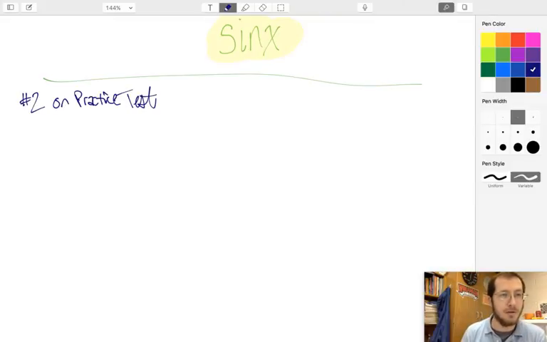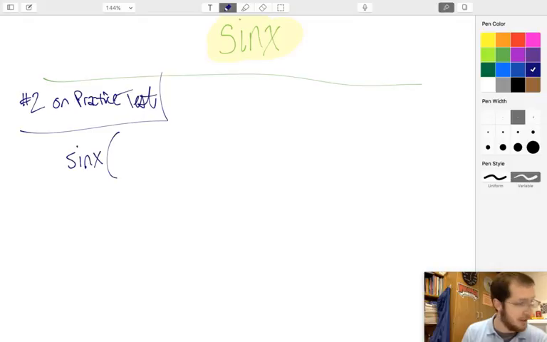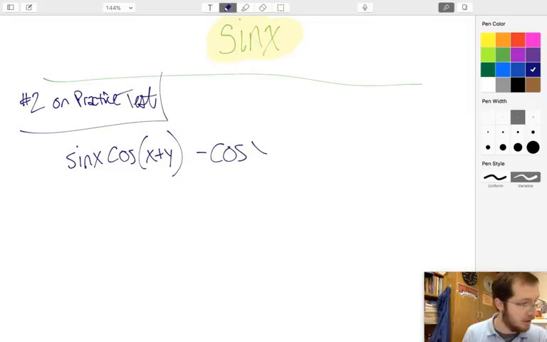All right, so number 2 says sine of x cosine of x plus y, take away cosine of x sine of x plus y.